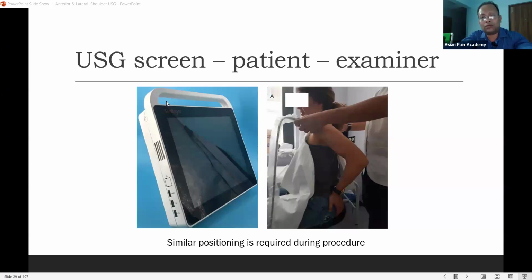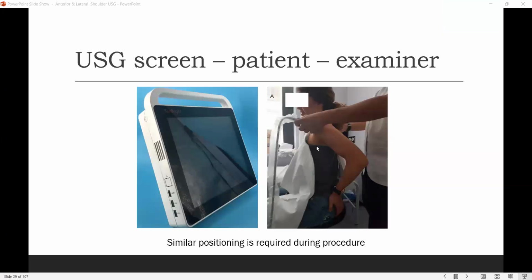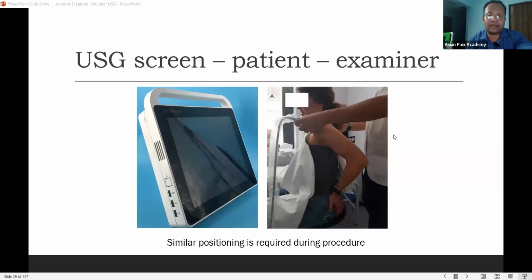Next is how we will arrange things while examining. I will stand behind the patient, and the monitor will be in front of the patient, so I can do the ultrasound and see the monitor directly. It should be in one line.